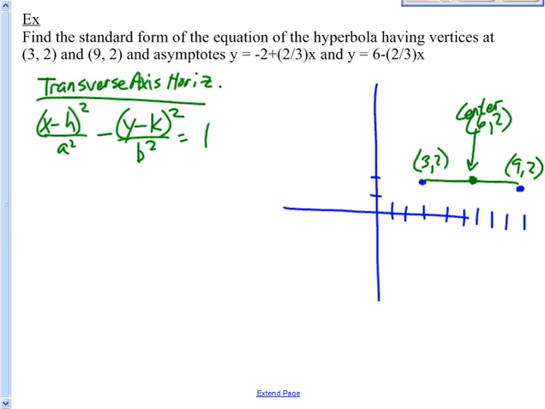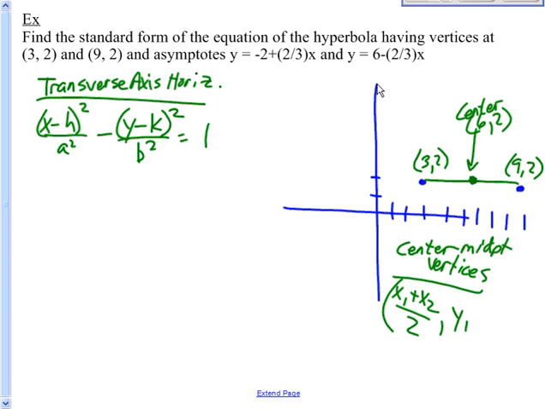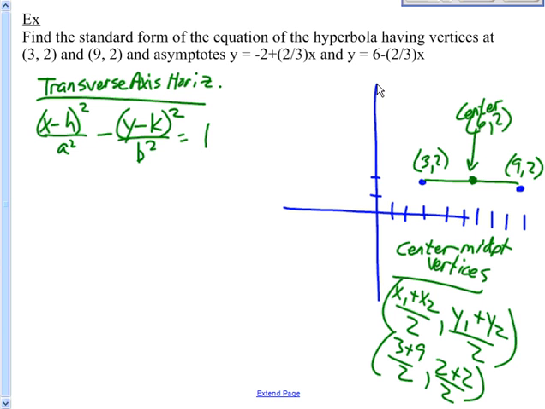That'd be the center, (6, 2). And of course, you could use the midpoint formula, (x1 plus x2 over 2, y1 plus y2 over 2), to find the midpoint of the vertices if you're not sure. So that'd be 3 plus 9 over 2, and then 2 plus 2 over 2.